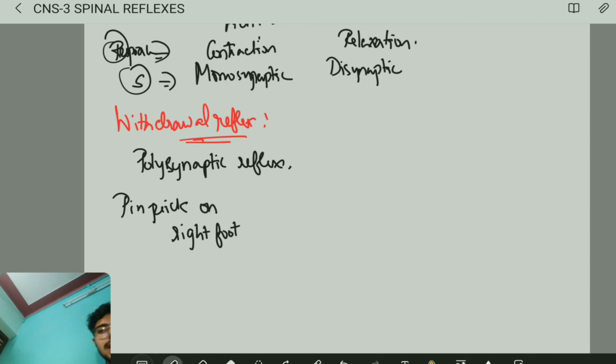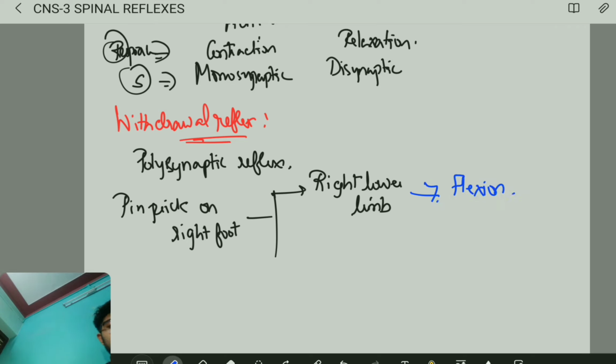What really happens is that your right lower limb is going to cause flexion. Yes or no? Think and say. Pinprick on the right foot, your right lower limb is going to go into flexion. Similarly, your left lower limb, what will happen to the left lower limb?